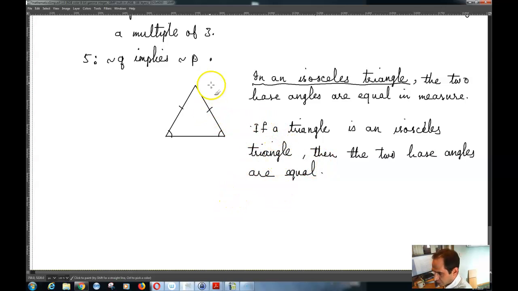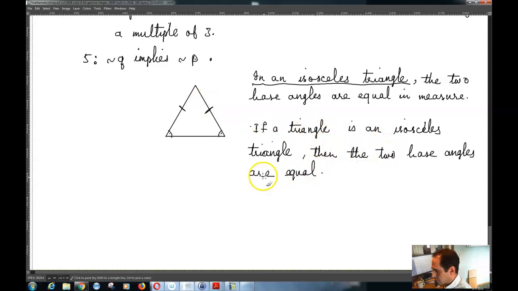Now suppose that in the same problem, in geometry you somehow prove that if these two angles are equal, then these two sides are going to be of the same length.